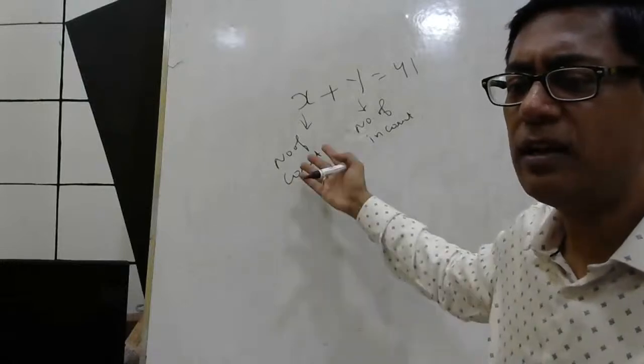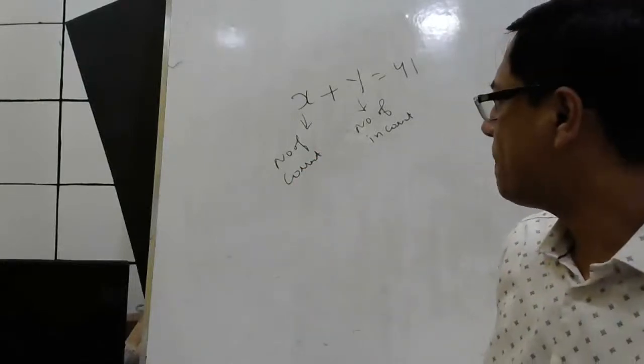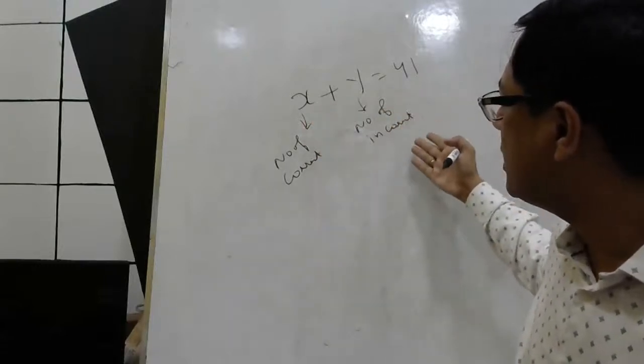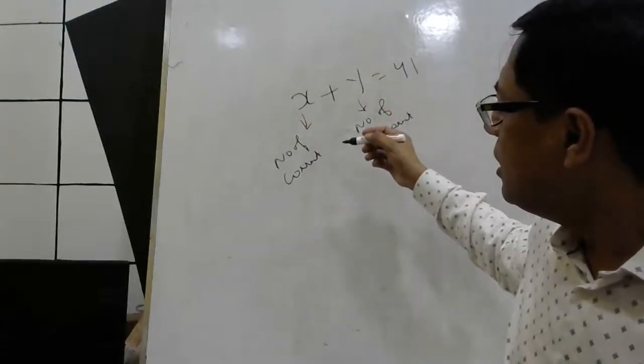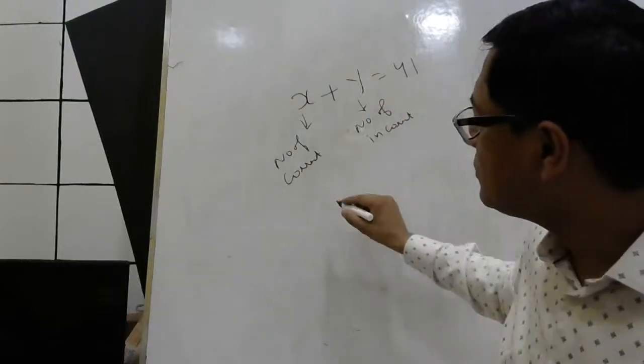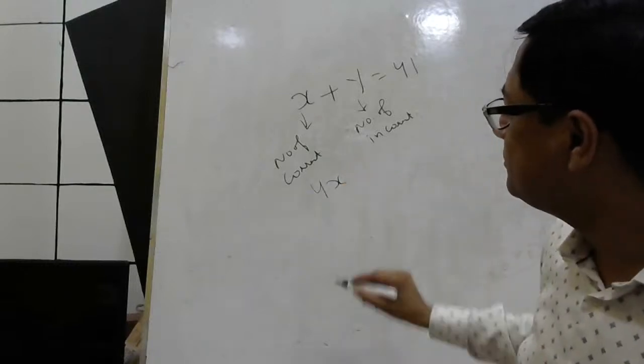Yeah, so this way we can look at it because there are some no's. So I'll explain this question again. Now if you see, number of correct is x and number of incorrect is y. With every correct, I'm going to get 4 marks extra, right? So I'm going to get 4x.